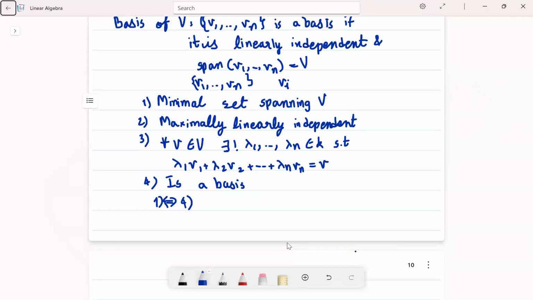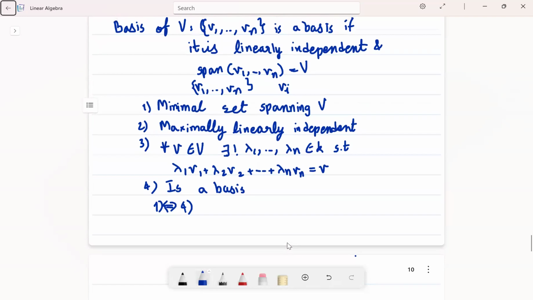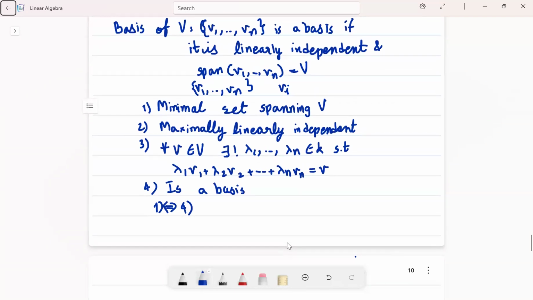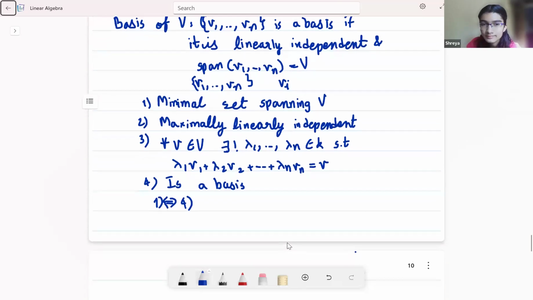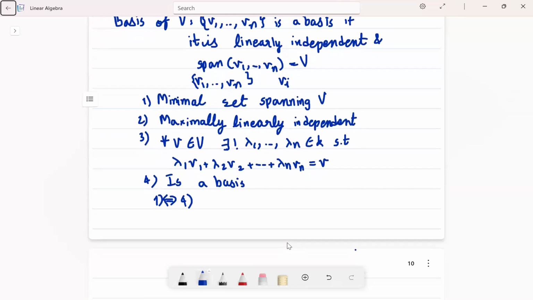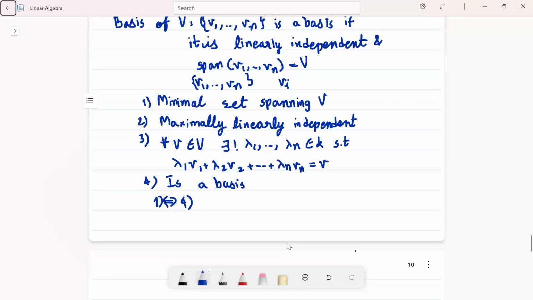Okay, so for 1 equivalent to 4, if it is maximally linearly independent, then I'll assume it is not spanning. That means there's one element which is linearly independent of it, and that means you can just add it in. You would have to do a little bit more work, but that's essentially the idea.